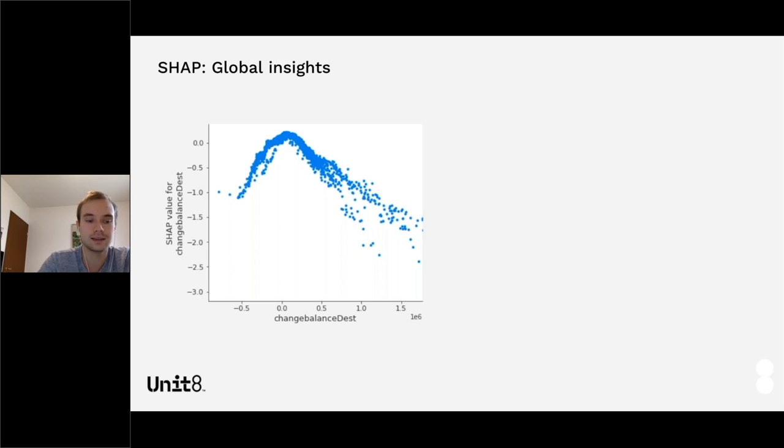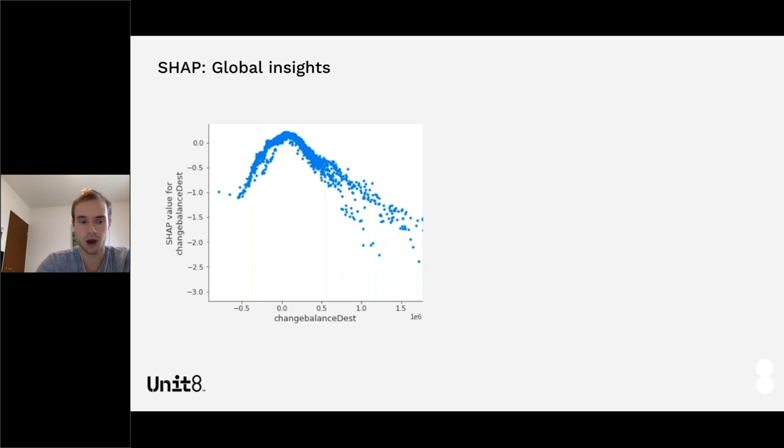What you can see is that the higher the value of the feature change balance destination is, the lower its explanation value becomes, so the more it becomes an indicator for being a likely anomaly. Actually, large deviations from 0 in both directions seem to be indicators for anomalies in our model.